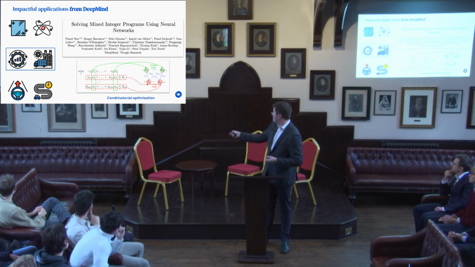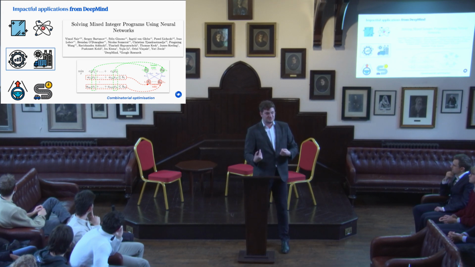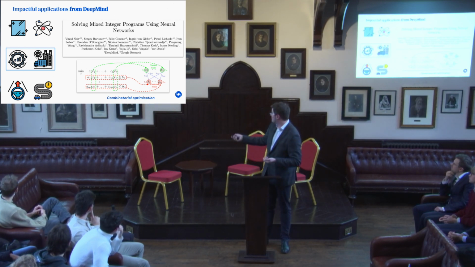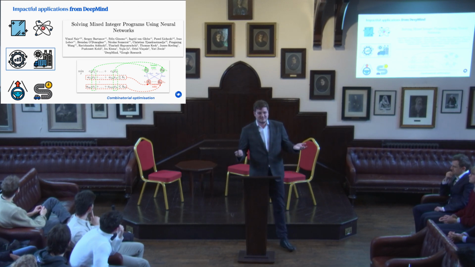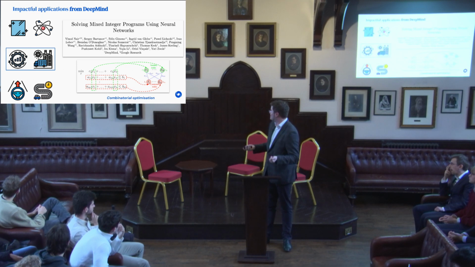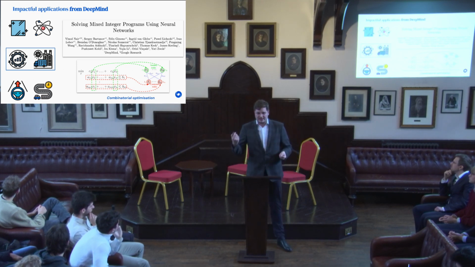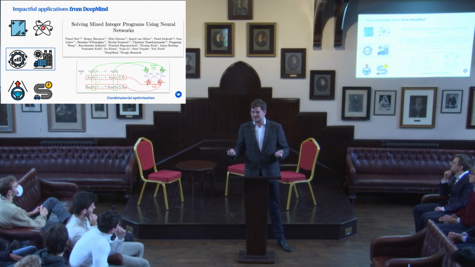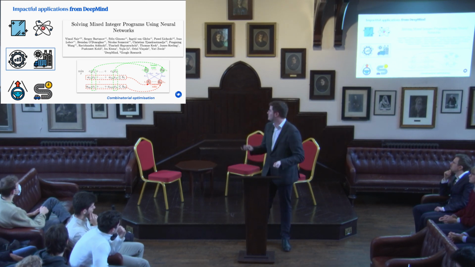You connect a variable to a constraint if it features inside that constraint with a particular coefficient, and then you let your graph neural network try to figure out the best way to derive solutions. In this way, they've been able to expedite the solving process of some standard mixed integer programs that Google has to solve on a daily basis.